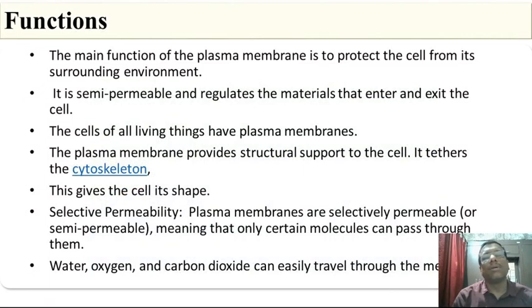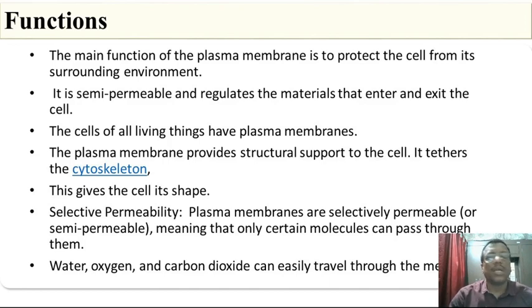So let's have a look at the functions of the plasma membrane. The plasma membrane's main function is giving protection. The plasma membrane protects the cell from its surrounding environment. It is a semi-permeable membrane.